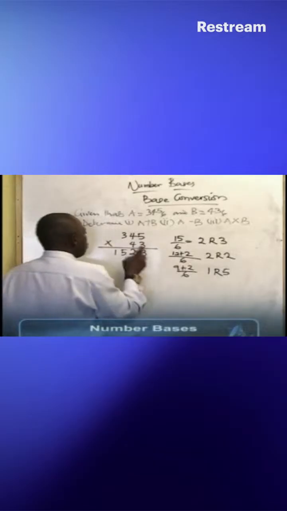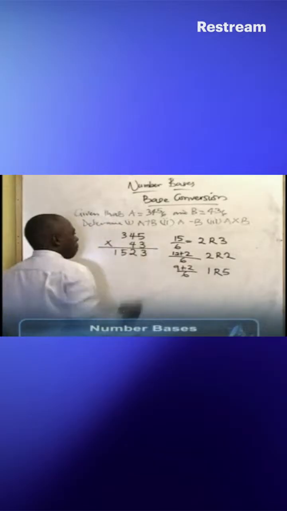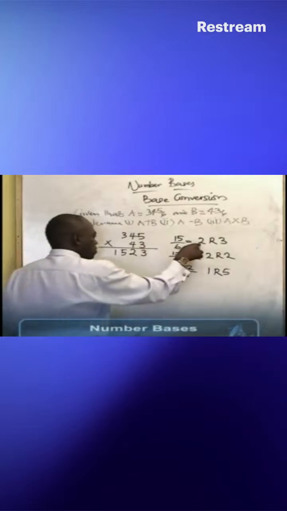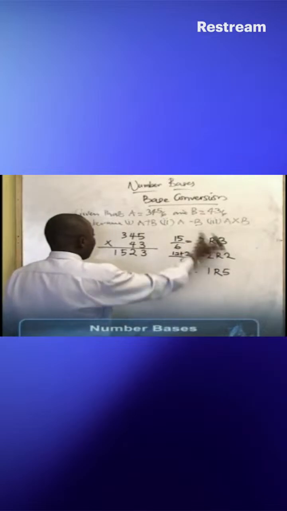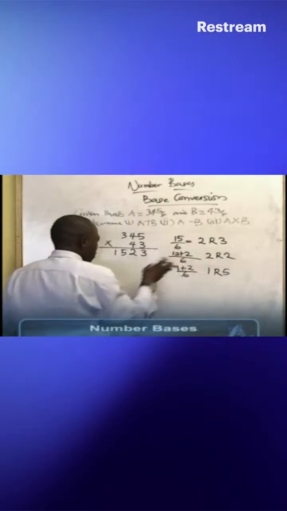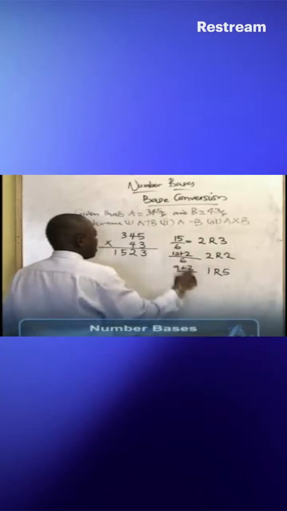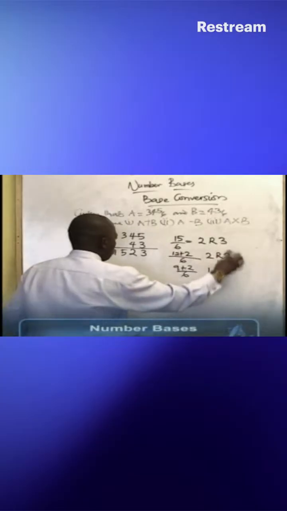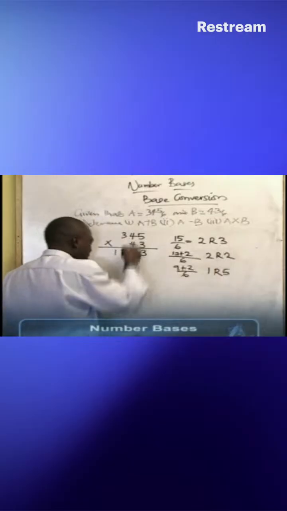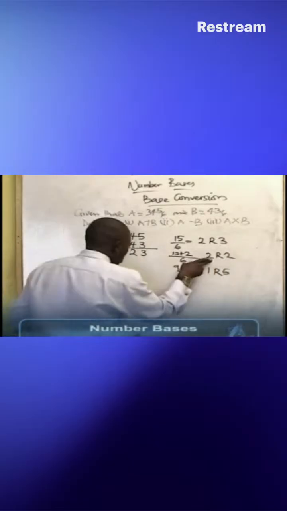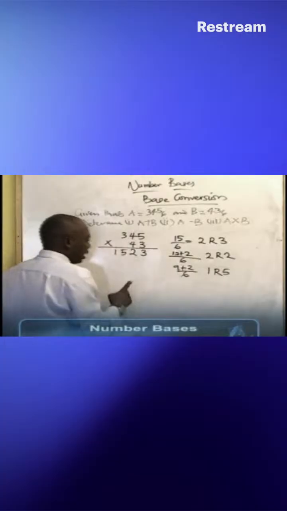Over. 3 times 3 will give you 9, plus these 2 you are carrying over, making 11. 11 divided by 6, you have 1. 6 will go in 11 one time, and you will have 5 left. You will write that remainder first, and you carry over beside it.